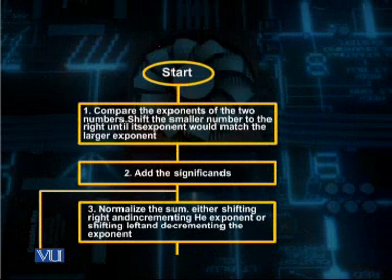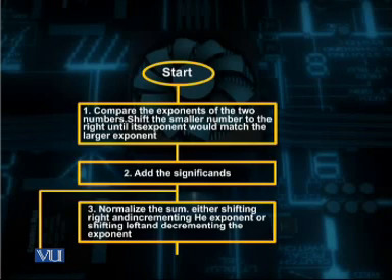What are the different steps which one has to take? For this purpose, let us have a look at this flow chart. Here you can see that the add operation can be performed by using the following steps. In step 1, the exponents of the two numbers are compared. The smaller number is shifted to the right till its exponent matches the larger exponent. Then in the second step, we add the two significands.